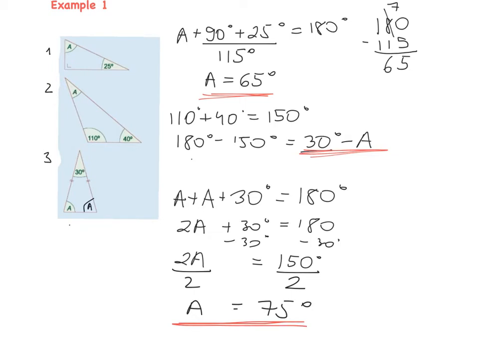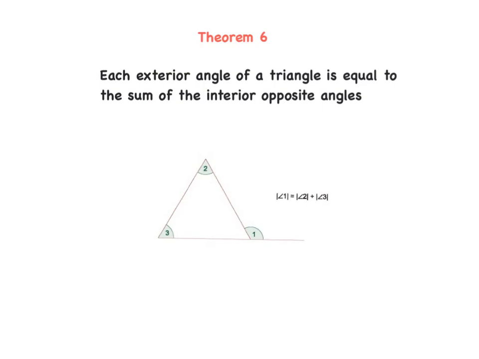Right, so let's do the next theorem. And before we do theorem number 6, we need to explain two keywords we have in here: exterior angle and interior angle. Okay, so first of all, interior. Interior means inside. So angle 2 and angle 3, they're interior angles, inside the triangle.